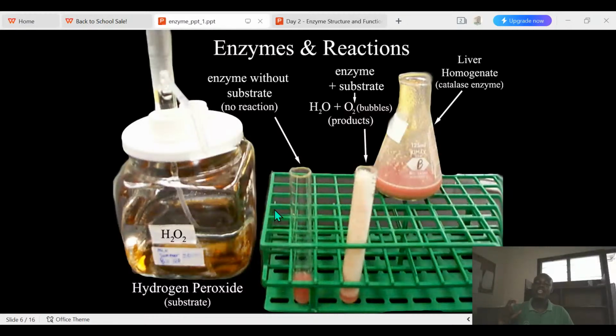So that is why it is very important to understand the substrates and the enzymes: the substrate is for which enzyme, and the enzyme is for which substrate.